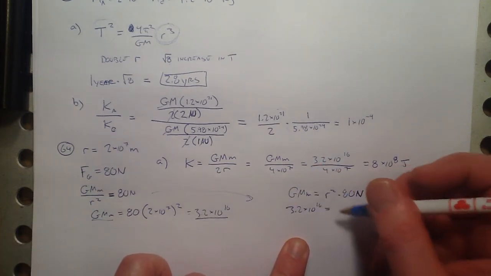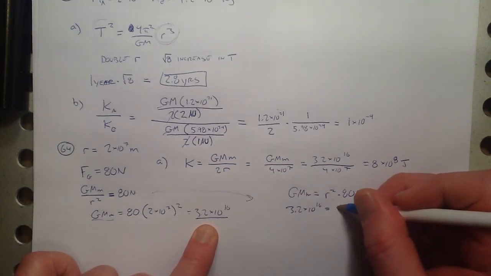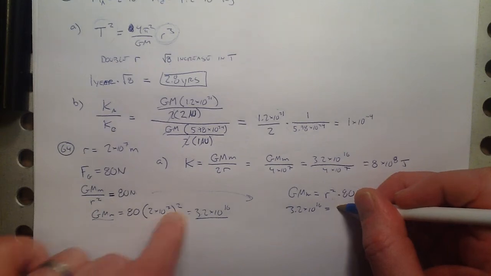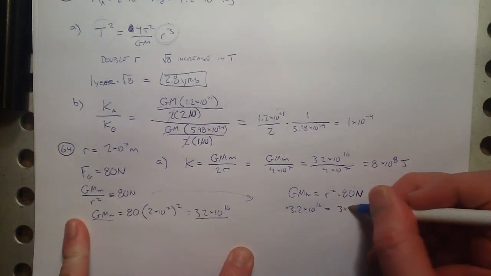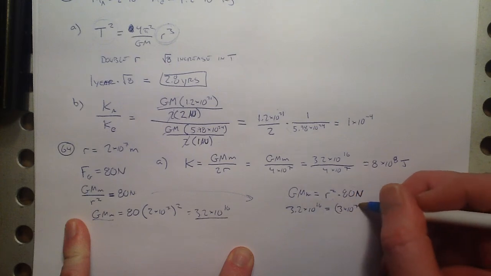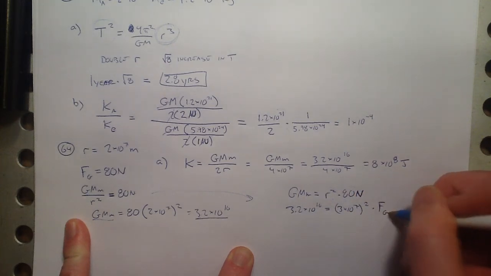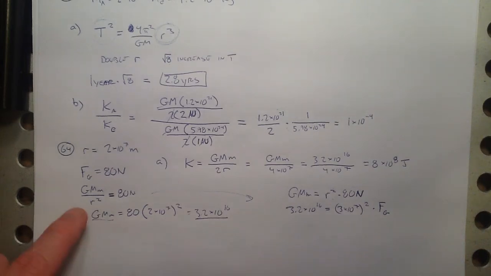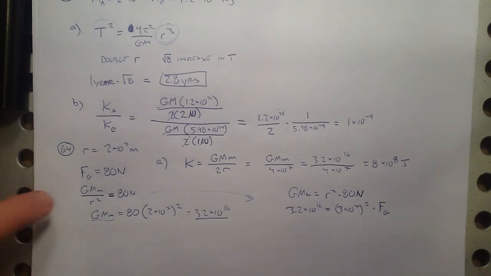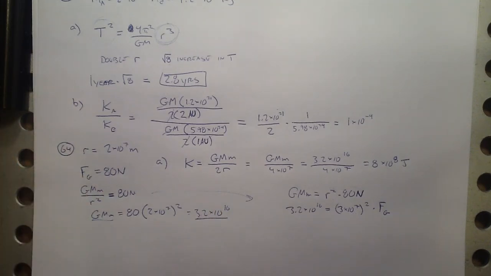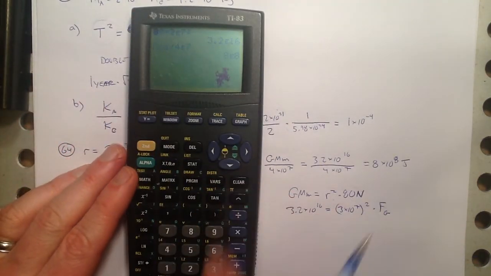So now, if my r is now 3 times 10 to the 7th squared, then what's the gravitational force going to be? I guess I should have just gone from this equation. This is a bit of a roundabout way of doing it. I could have just said I know what GMM is, it's this, and then divided by that. So anyway, in a roundabout way, I got back to that same place.